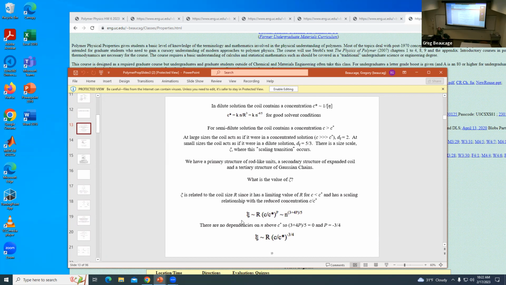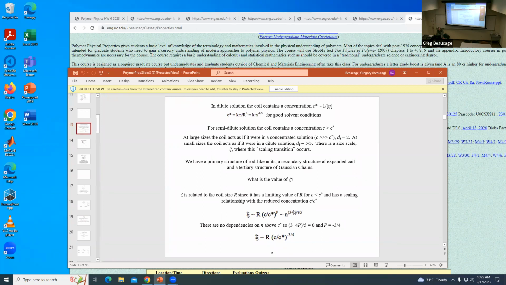We said that this concentration blob size is going to be related to C by C star to some power. You just assume that everything's to a power in polymers. And then R is out front. R is going to be, for a good solvent, 3/5, and C star goes with the 4/5 power for a good solvent.